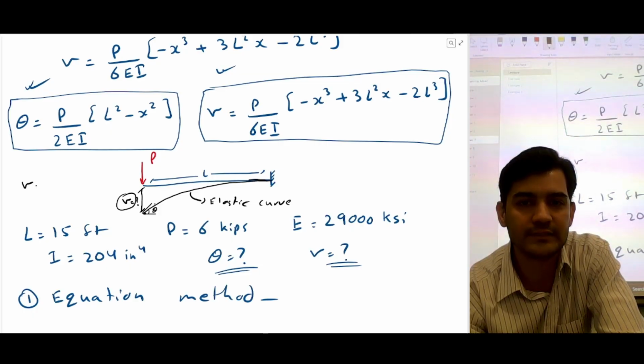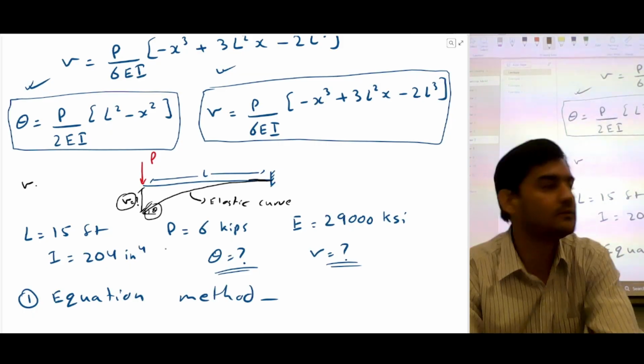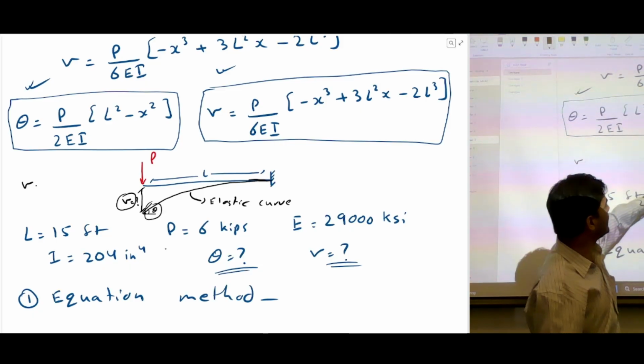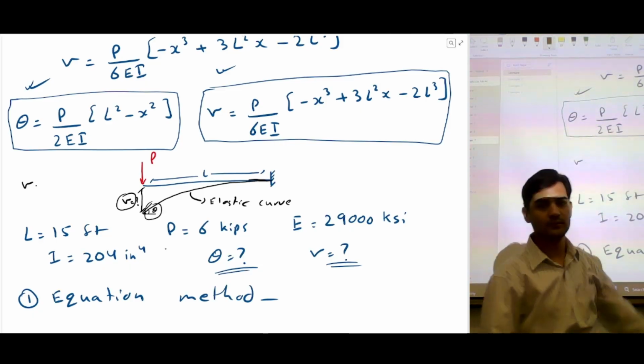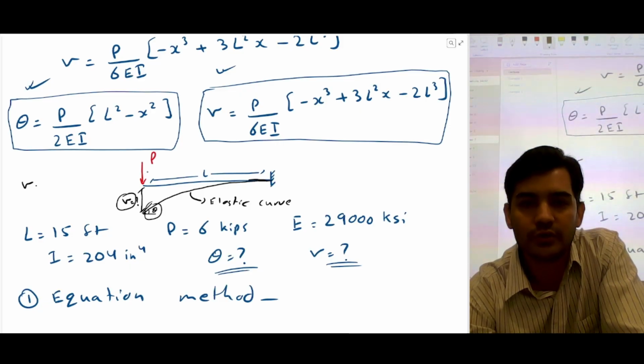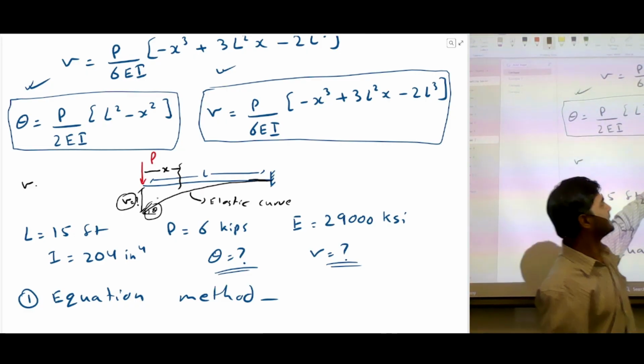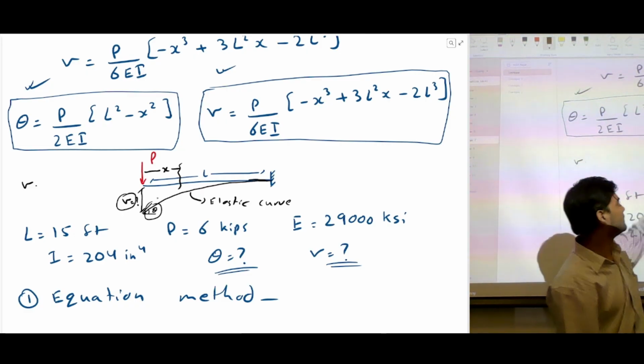So I want this value and I want this angle. So we know our x was starting from this point, right? When we made a cut, we were deciding values of x from this point.